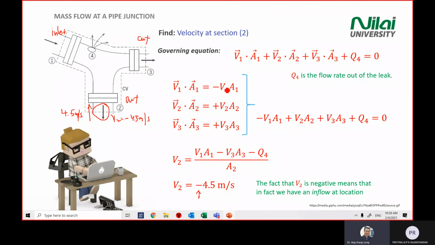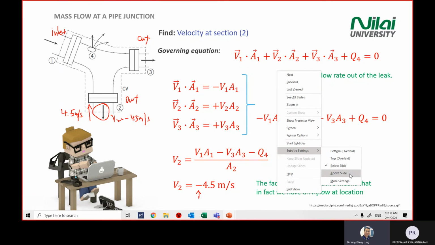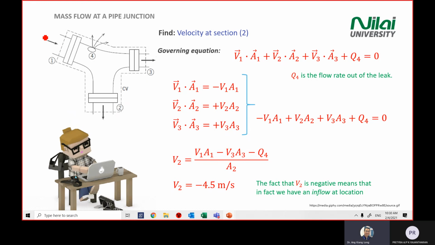Okay, sir. So that's why sometimes in a simulation, you will see some backflow, or you will see some arrows.